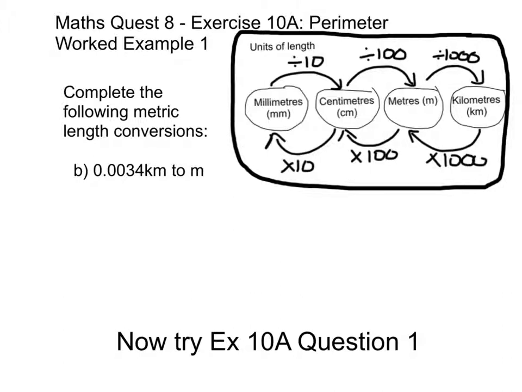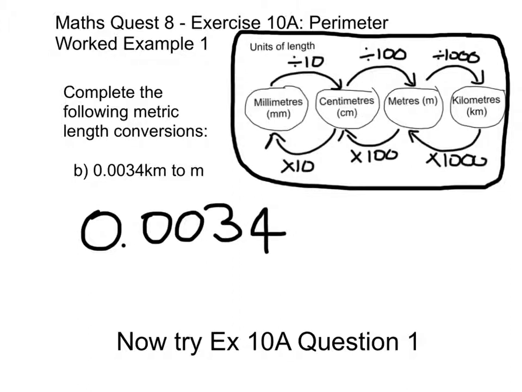It wants us to convert 0.0034 kilometres into metres. So the way I do that is first I write out 0.0034, which is my number I start with. And I want to convert kilometres, which is here, to metres.